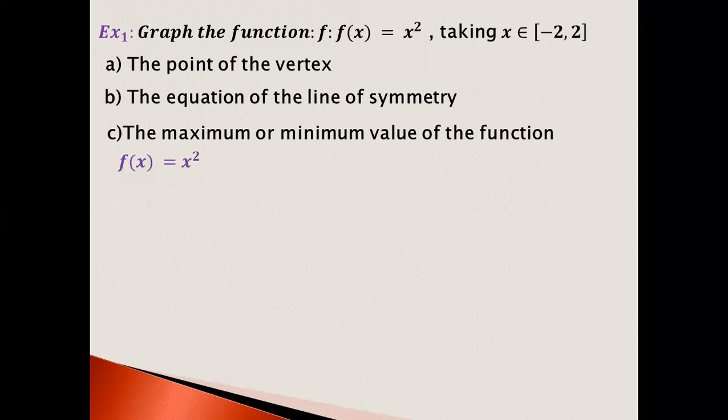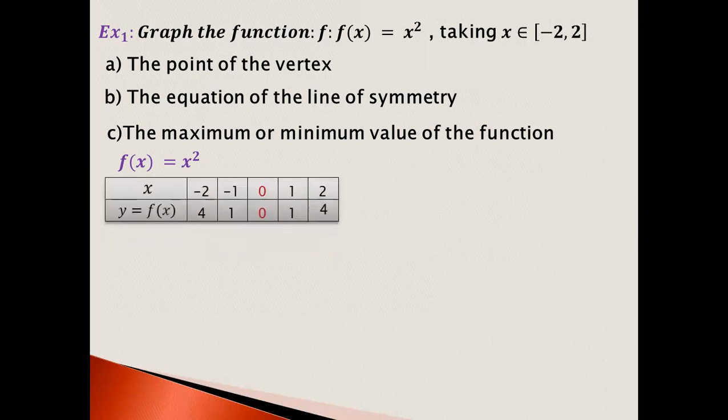We said before, if we need to find the image of any element belonging to the domain, we need to use the function rule. So at first, we need to make a table which contains the elements of the domain, or the elements which belong to the closed interval -2 and 2.